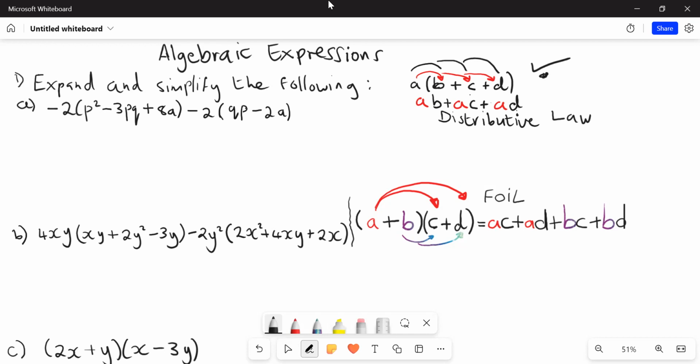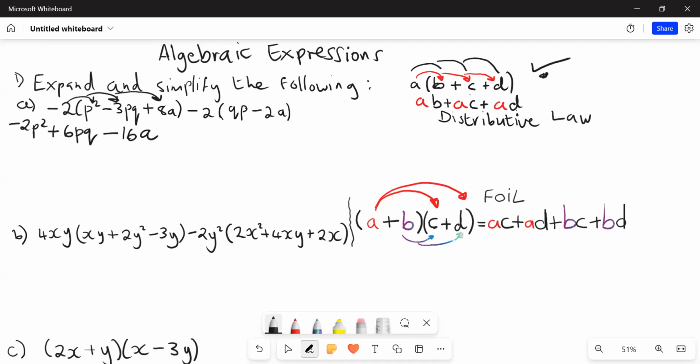So -2 times p squared, that's -2p squared. -2 times -3, that's positive 6p cubed, right? Perfect. And then -2 times +8, that's -16a, right?